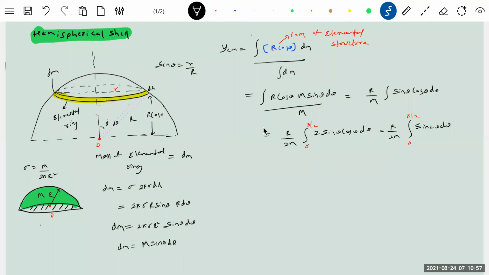Solving this, integral of sine 2 theta, r by 2m, minus 1 by 2 cos 2 theta, r by 4m. One, this 2m will get cancelled, no?